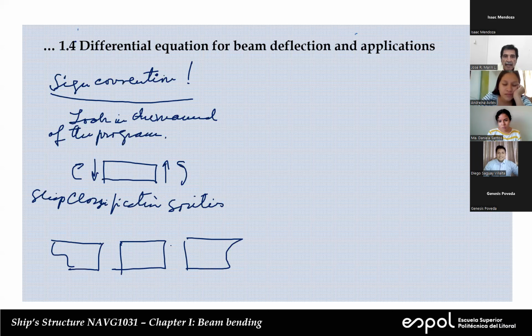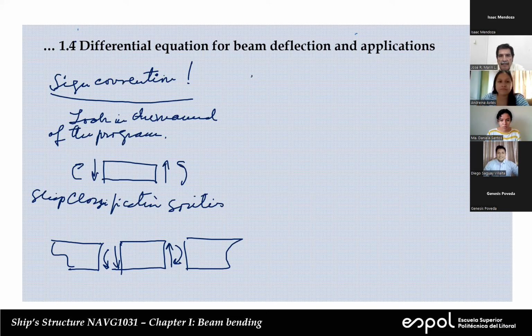And they say, here, the shear force is positive like this. And the bending moment is positive like this. So they coincide with us in shear force. They do not coincide with us in bending moment. So that's all. If you want, look it up in the manual of the program. And they have to specify the sign convention that they're using. That's not a big problem.